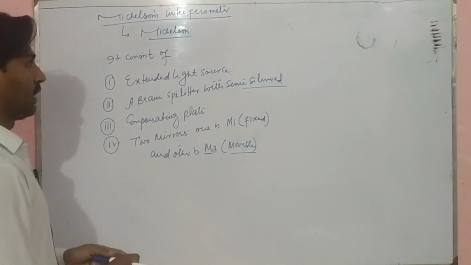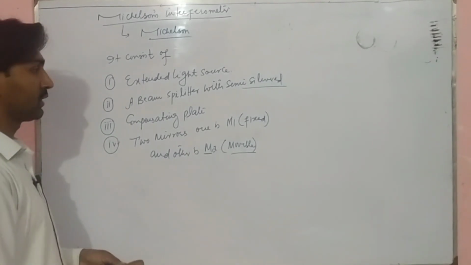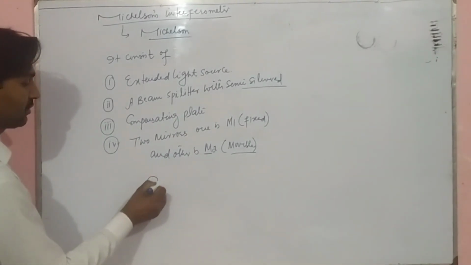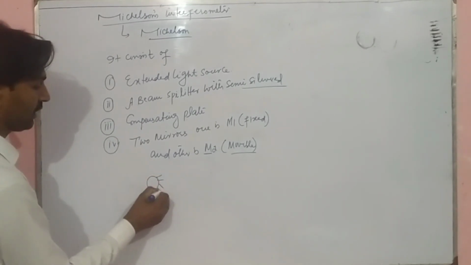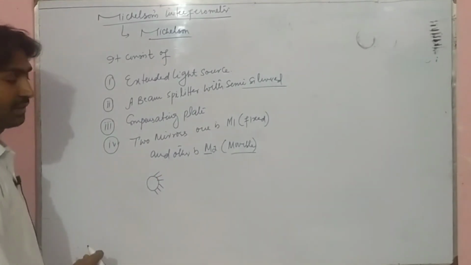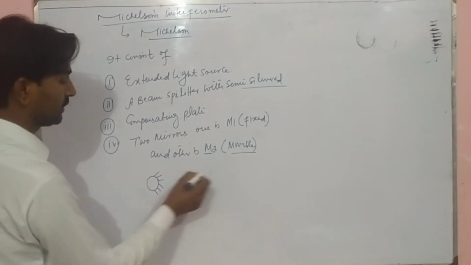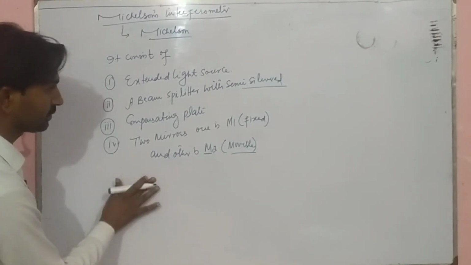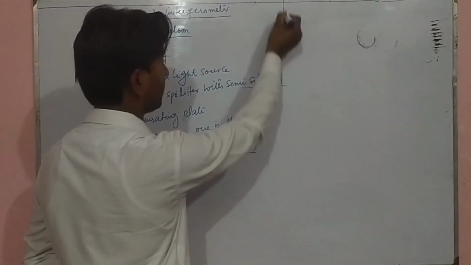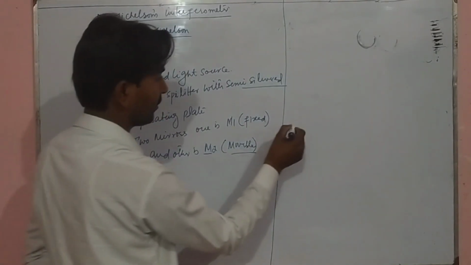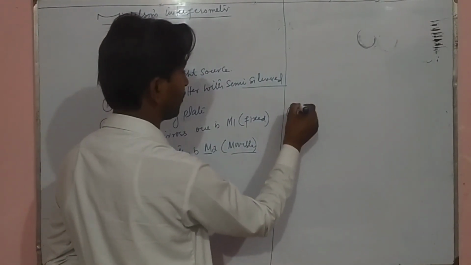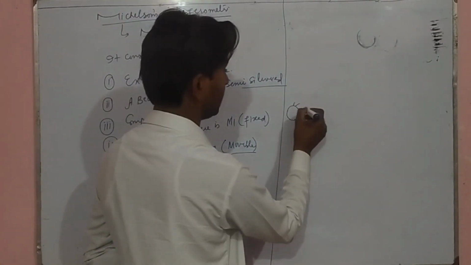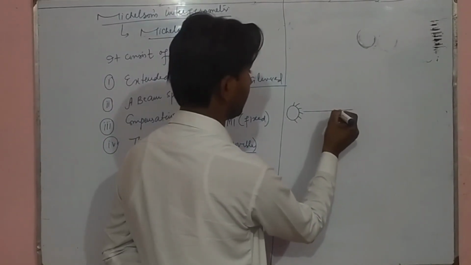Okay. Next, how it works. Let's say we have an extended source of light. The source emits radiations.